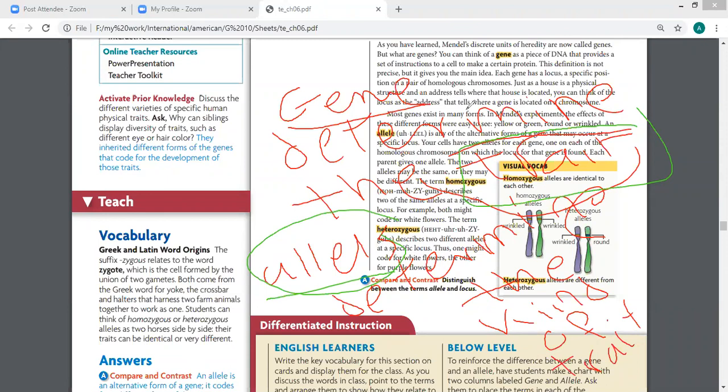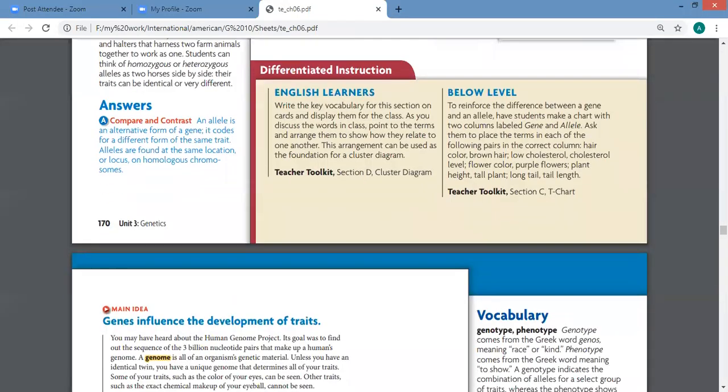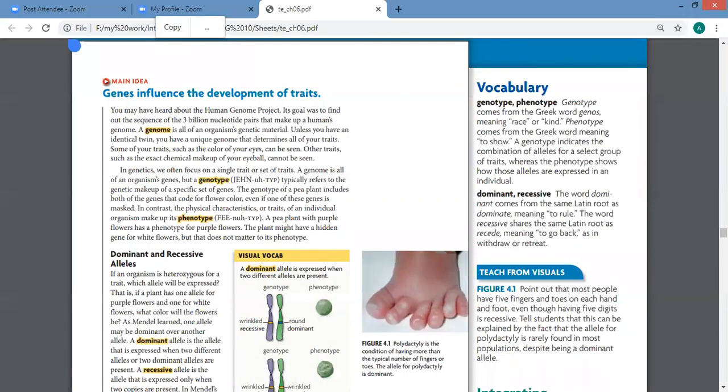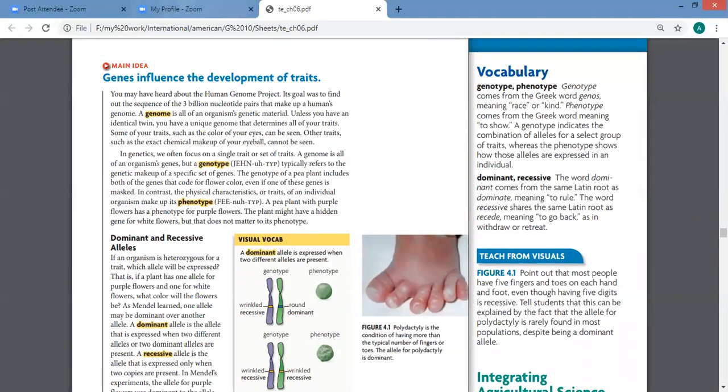Okay, the last point in this section. What is the meaning of genome?